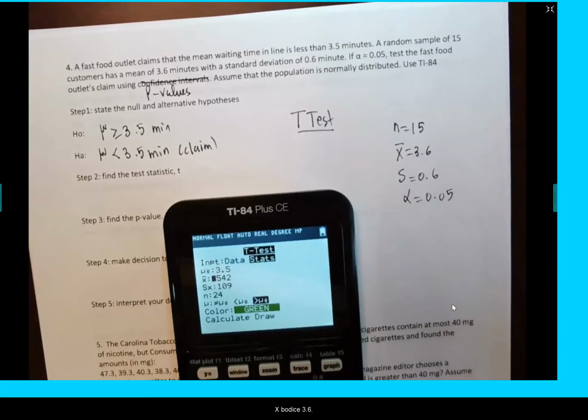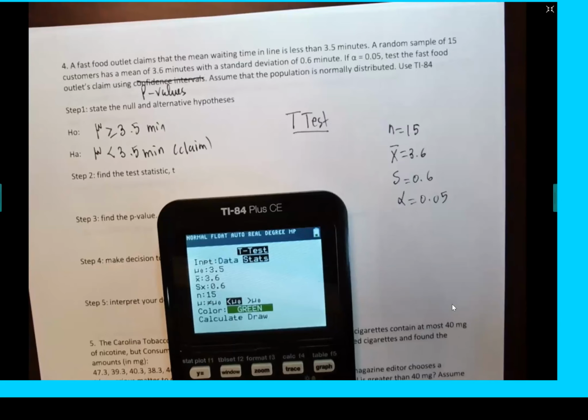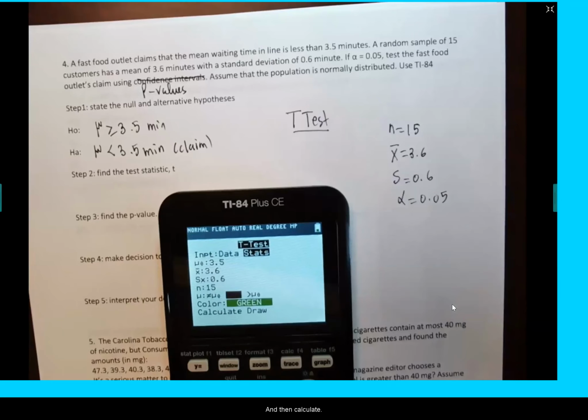X bar is 3.6. s is 0.6. n is 15. And we're doing less than. And then calculate. I got t to be 0.645.